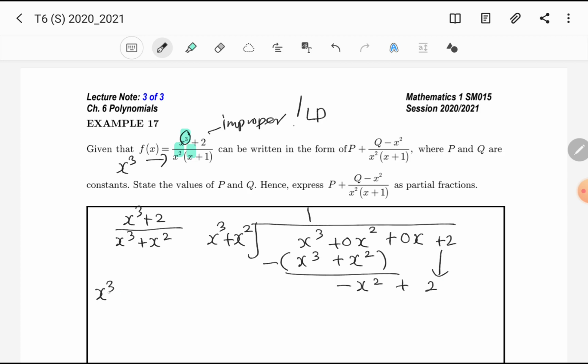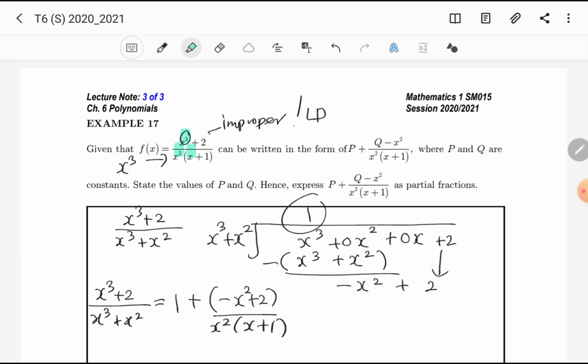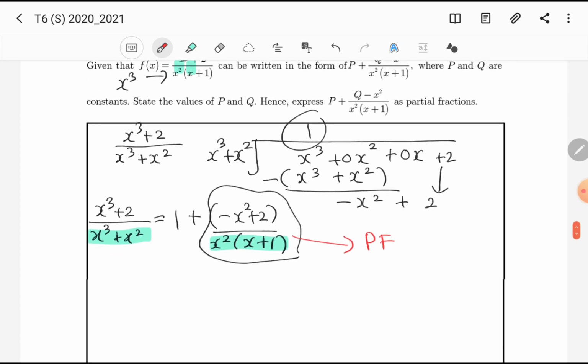So, x cubed plus 2 over x cubed plus x squared can be written as 1, the quotient, plus negative x squared plus 2 divided by the divisor is x squared x plus 1. Yang bawah ni sama je dua tu. Cuma saya tulis dalam bentuk factor. Kenapa? Sebab after this, kita akan sambung kepada partial fraction.